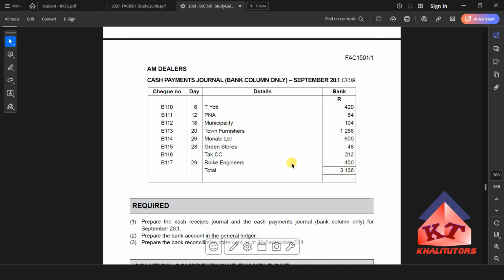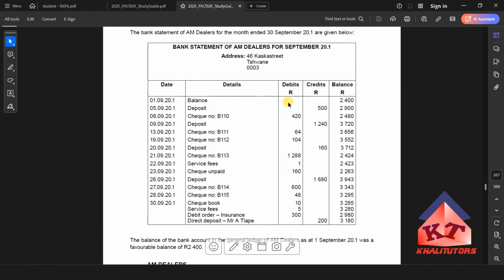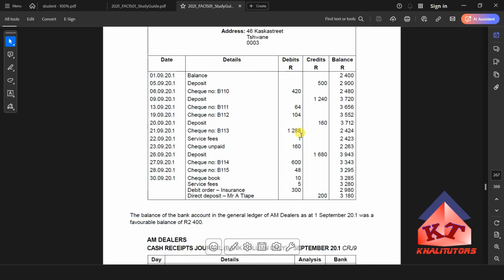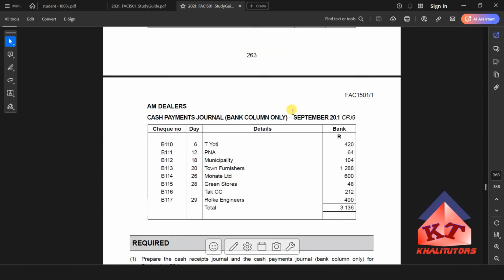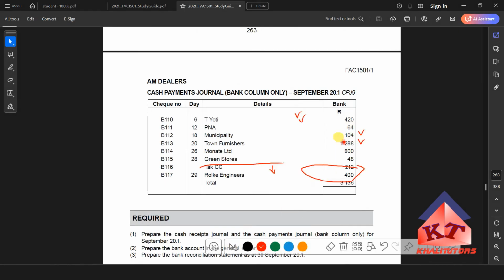In this case, if you compare the 2 tables, you will notice that this one is appearing on both the bank statement and the cash payments journal, and this one is also appearing there, and this one, and so on. Just use a pen or something to actually mark them off.